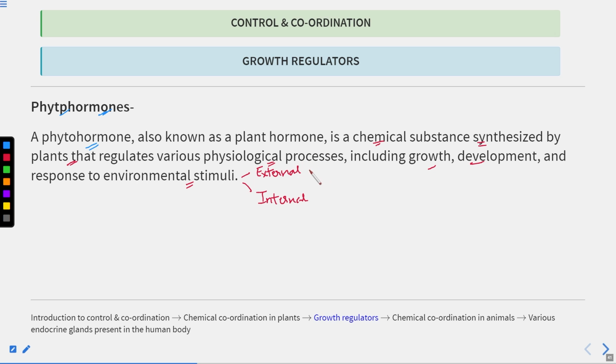External stimulus can be pain or touch, sunlight and the environmental factors. An internal stimulus example can be hunger. Hunger is a kind of internal stimulus. Clear? So this is the definition of the phytohormone.